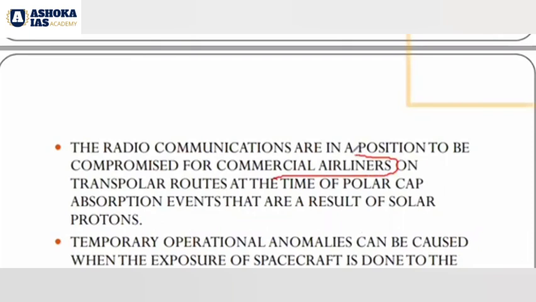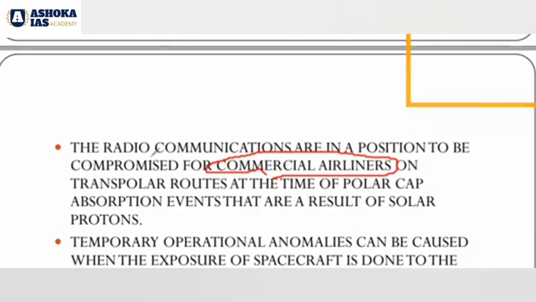The radio communications are also in a position to be compromised for commercial airlines. The commercial airlines use radio signals for communicating with the ground stations, for landing or for taking flight. When they take off, they communicate with the ground staff, and for that they use these radio signals.